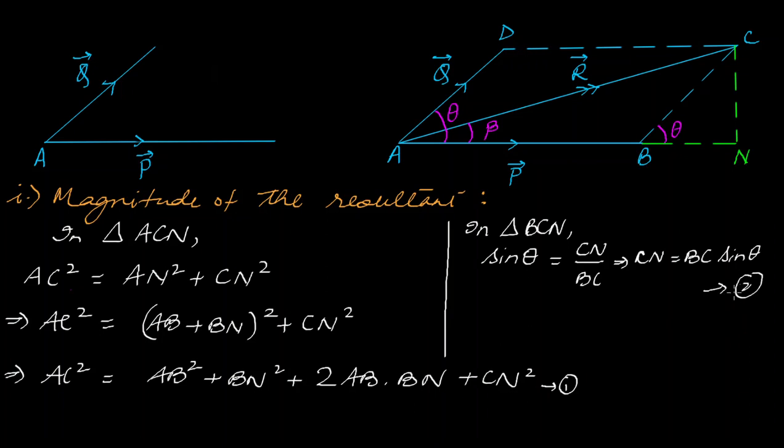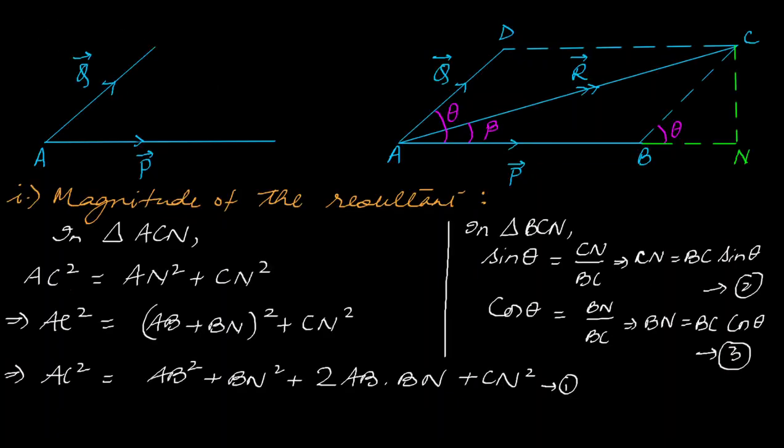This will be equation 2. And similarly, cos theta. Cos theta is base by hypotenuse, BN by BC. So this implies BN is equal to BC cos theta. Let's call this equation 3. Okay, so let us substitute. Instead of CN, we'll substitute with this, and instead of BN here and here, we'll substitute with that. Exactly what we did in the triangle law of addition.